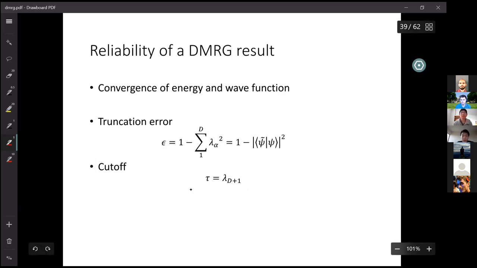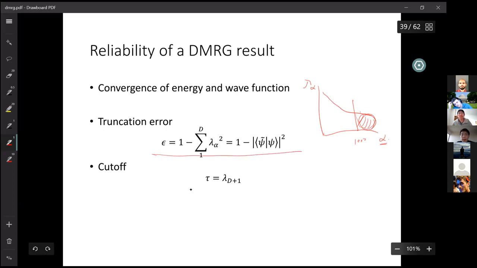Okay, so we have two other criteria for the reliability of the DMRG result. One is called truncation error. The Schmidt values decay versus their ranking. We do a truncation here, say at 1,000, keeping those and discarding those, and we want to know how much weight we are losing from this truncation.